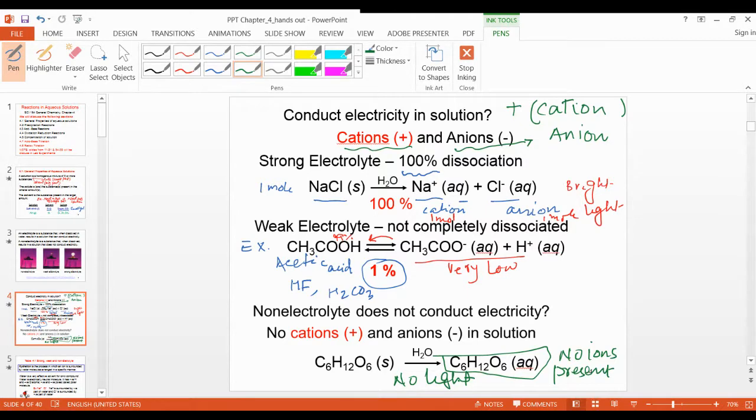But transition metals are not making soluble compounds, they are making solid compounds, which I will tell you later on, not now.